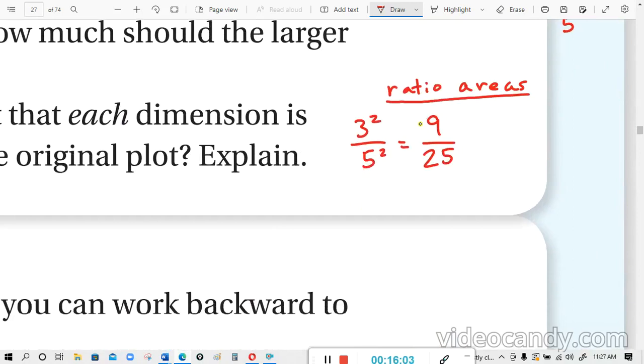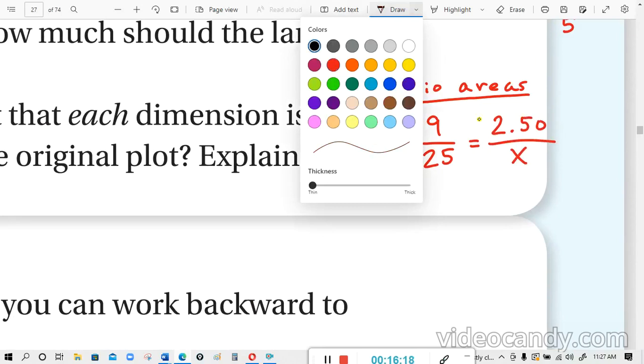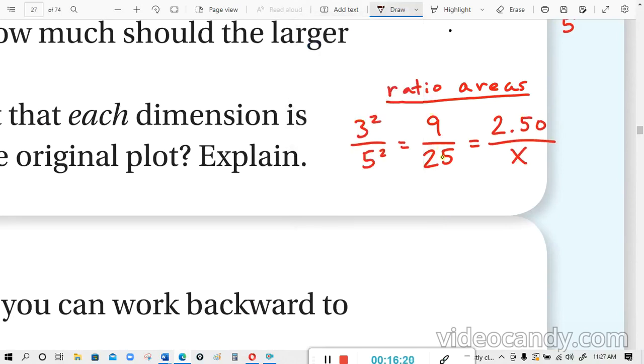So I'm going to set that equal to 250 divided by x. The first fraction is just the ratio, and the second fraction is the price.